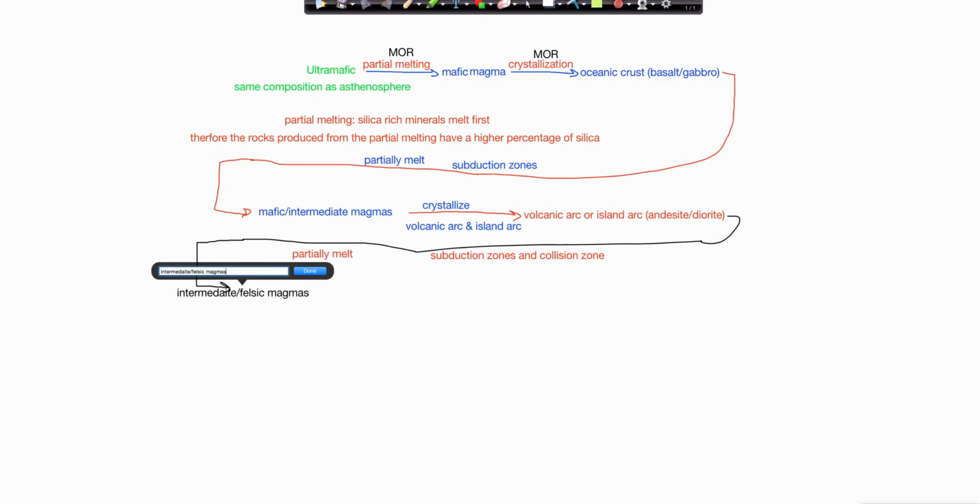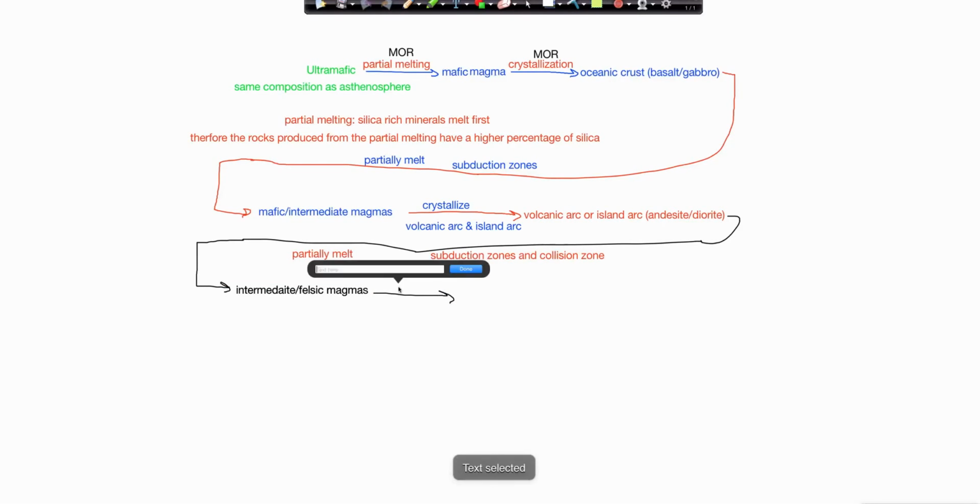These will crystallize and they will form continental plutonic rocks. Remember, those are the ones below the surface.